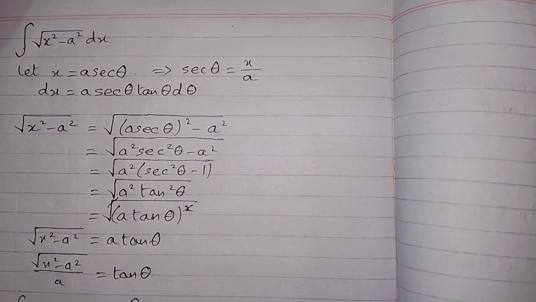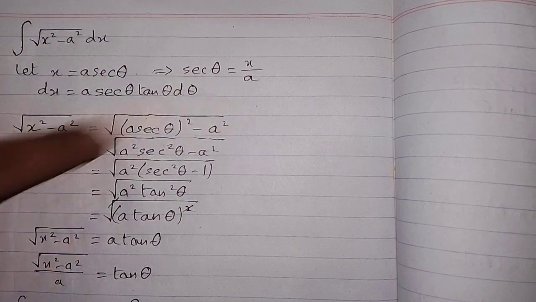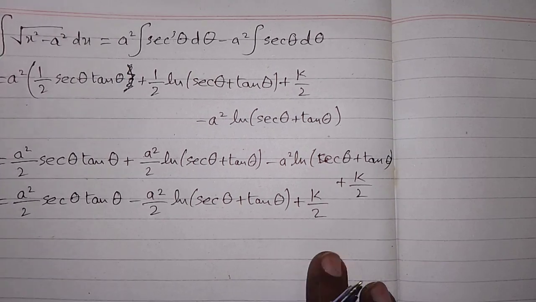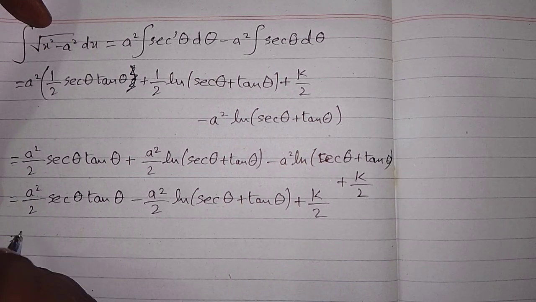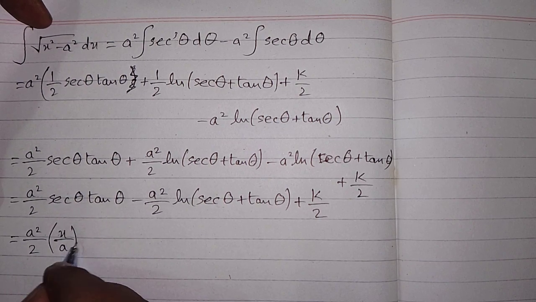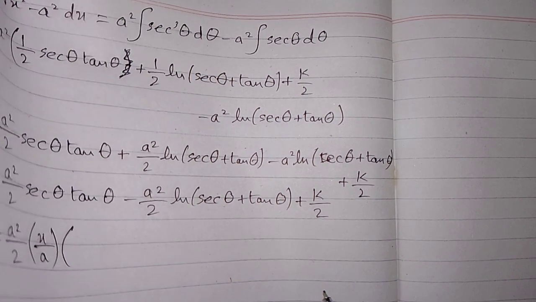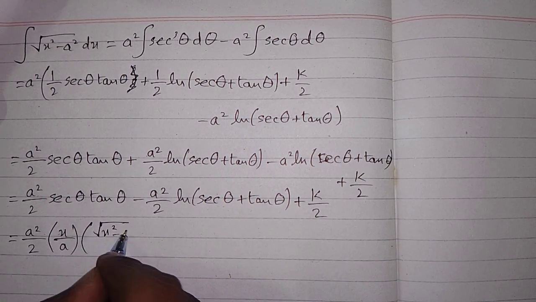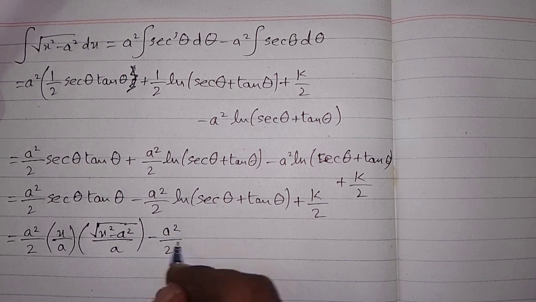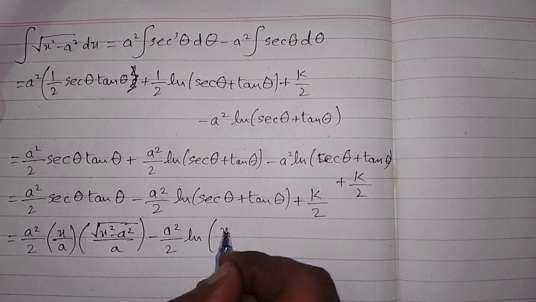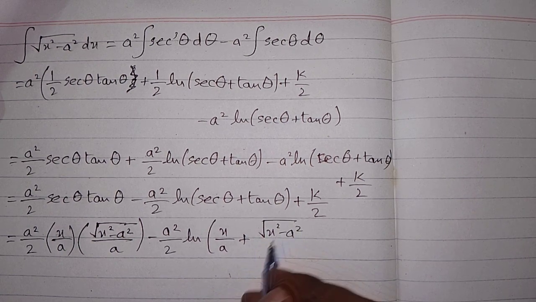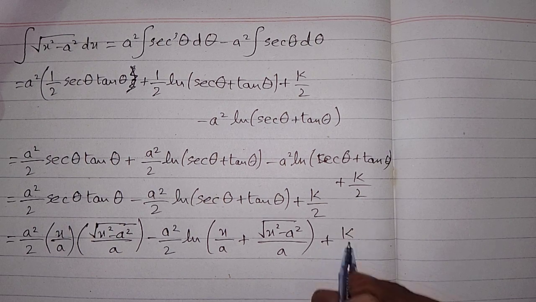Now we put the values of sec theta and tan theta. The value of sec theta is x upon a, and the value of tan theta is square root of x square minus a square upon a. So we write a square upon 2 times x upon a times square root of x square minus a square upon a, minus a square upon 2 ln of x upon a plus square root of x square minus a square upon a, plus k upon 2.